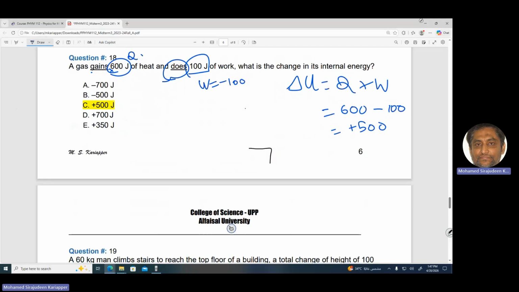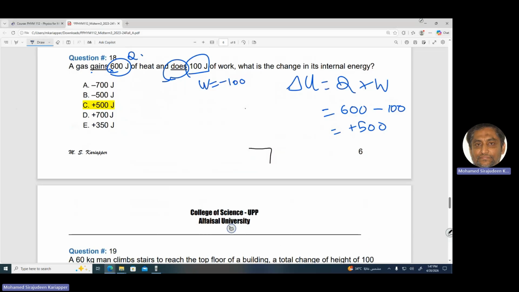We have to tell from the statement: the gas does 100 joule of work. Does means the present tense of doing, right? Who is the system? The gas is the system.